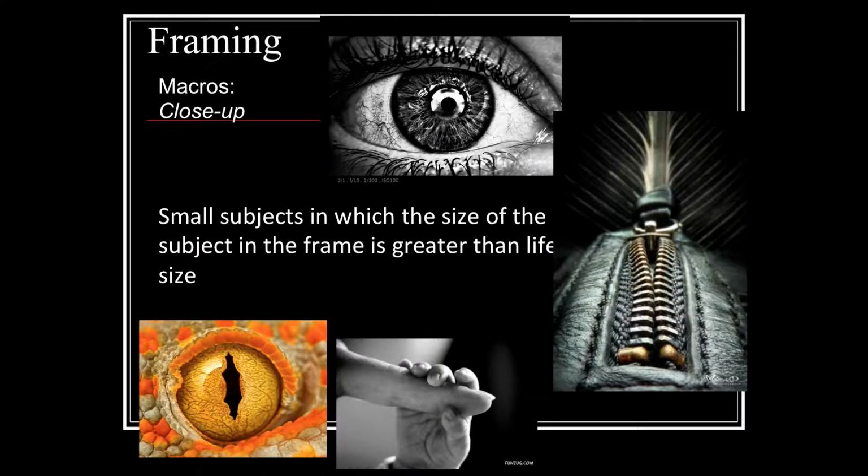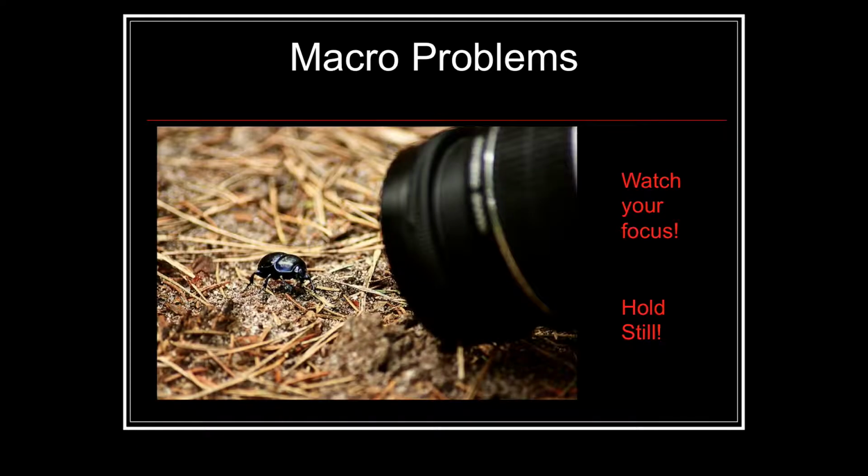The next one is macros, and you've already been introduced to this idea. Macros mean close-up. So when the subject is small, the size of the subject in the frame is greater than life size. Whatever real life size is, you're trying to blow it up so big that it is larger than life. In order to do this, you usually have to zoom in.